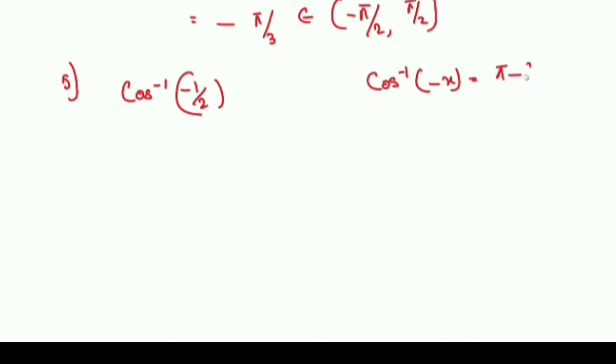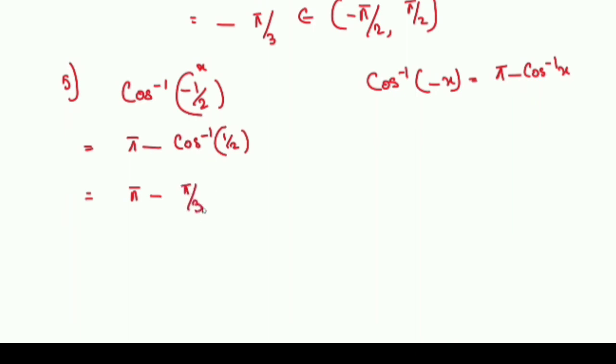So cos inverse of minus x is pi minus cos inverse of x. Don't write minus 1 by 2 again, just 1 by 2. So this is pi minus cos inverse of 1 by 2, which is pi by 3. That is equal to 2 pi by 3, which you know is 120 degrees.